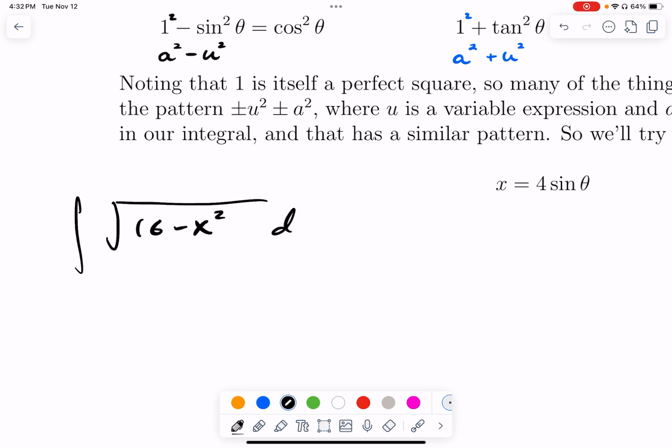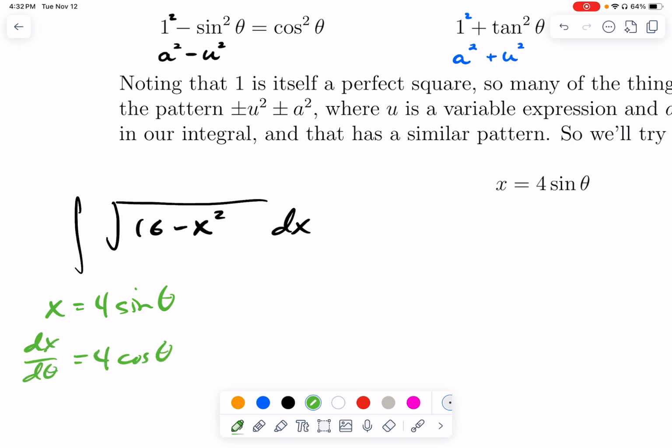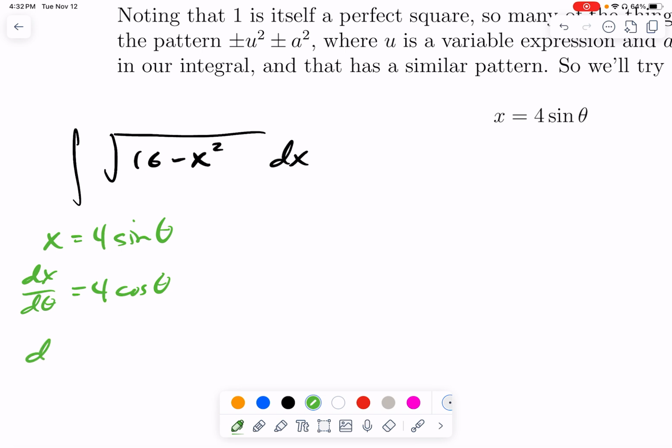Because we already know the answer to the definite integral, we really want to think what's going on from an anti-differentiation point of view. So I'm going to make this substitution. So I have x is equal to 4 sine theta, which would mean dx over d theta is 4 cosine theta, which means dx is 4 cosine theta d theta.